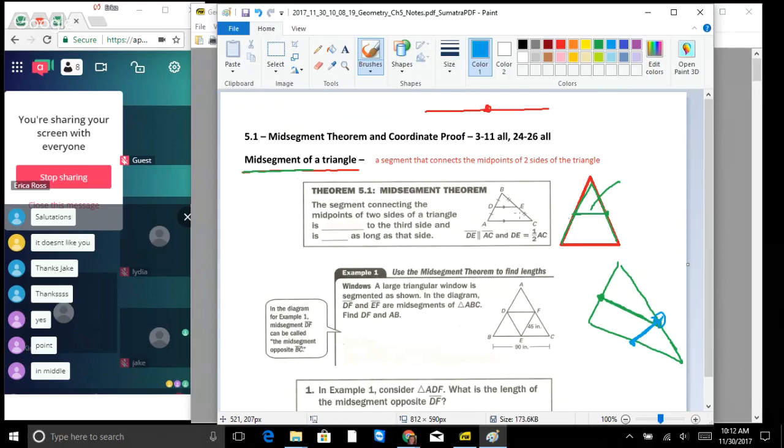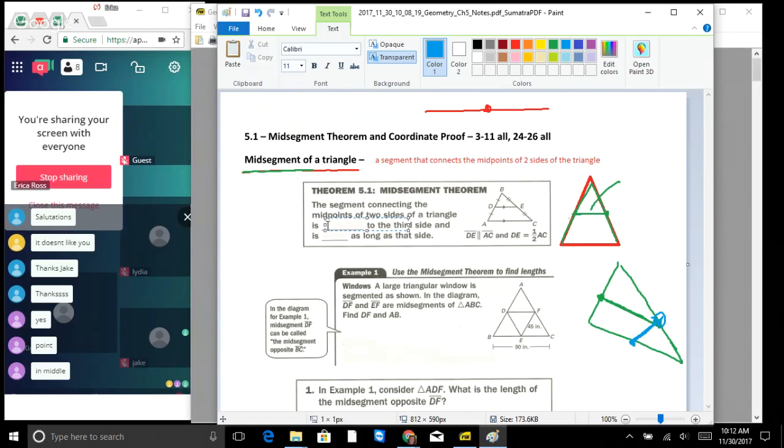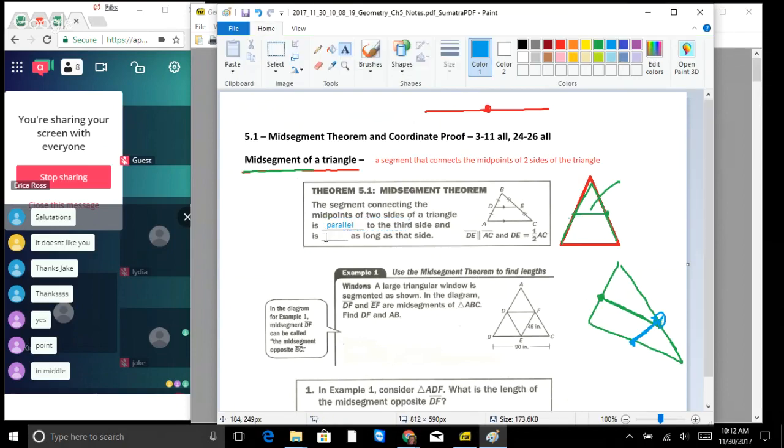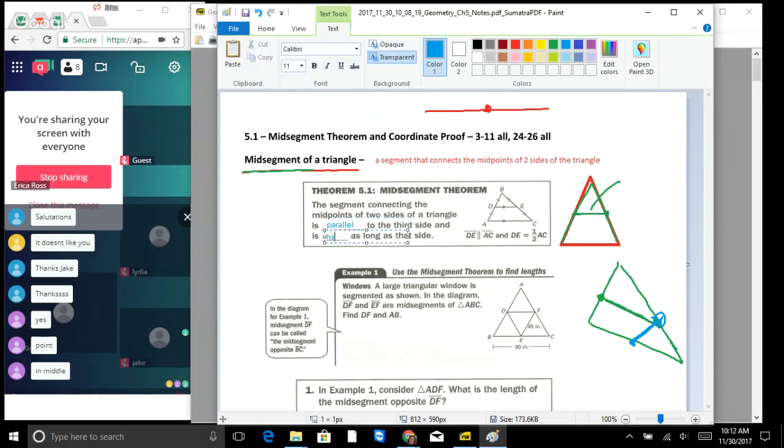So we just got a whole bunch of information in our first theorem of the day.